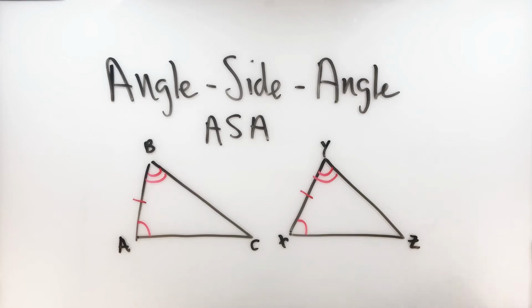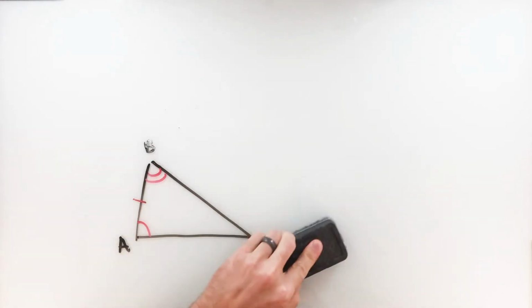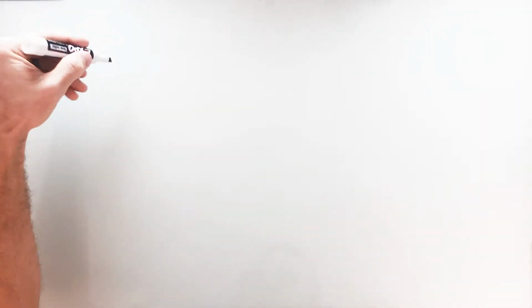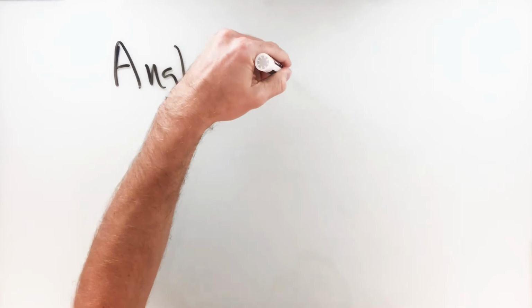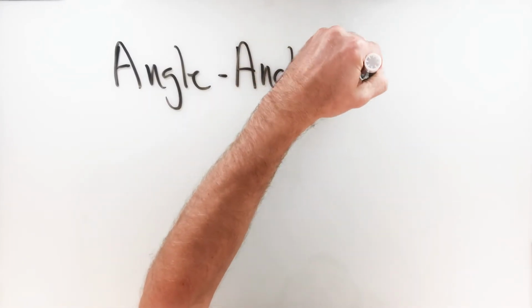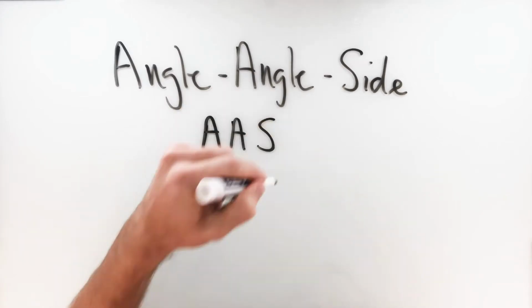Okay, we've got the second one, which is angle, angle, side, or AAS.